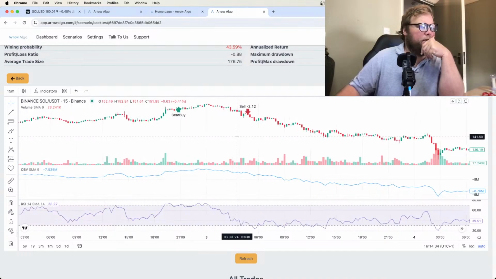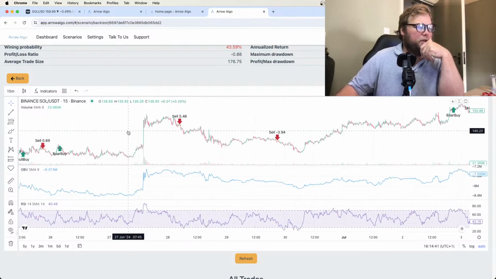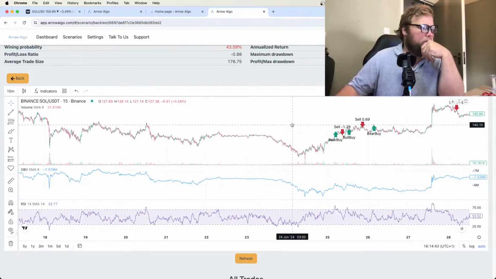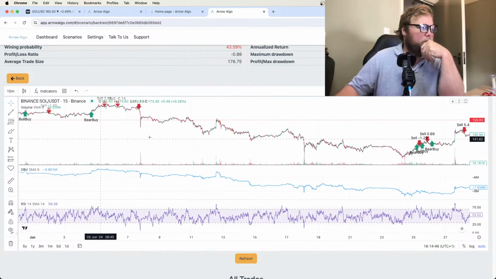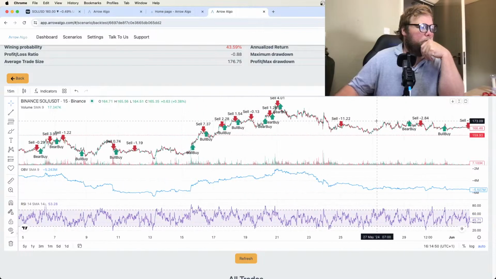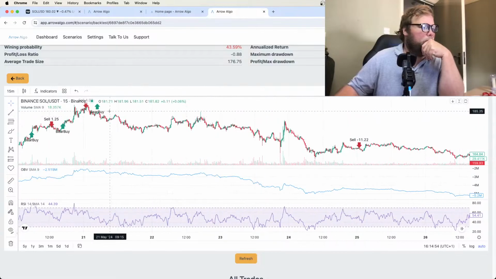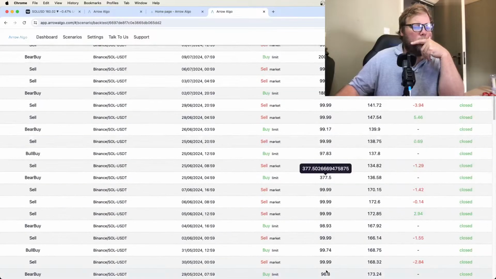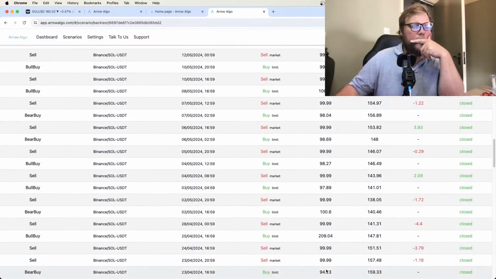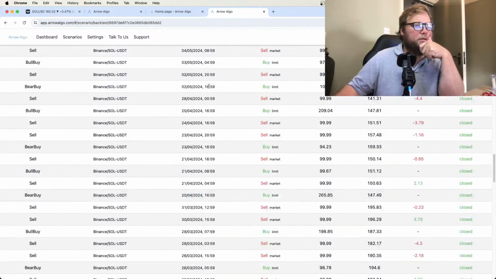And we can see on a 15-minute chart at least, a couple of these buy signals feature when the RSI is very high. Let's go back to the 18%. So that 18% occurred on the 20th of March.